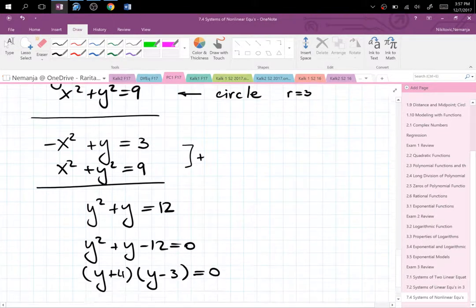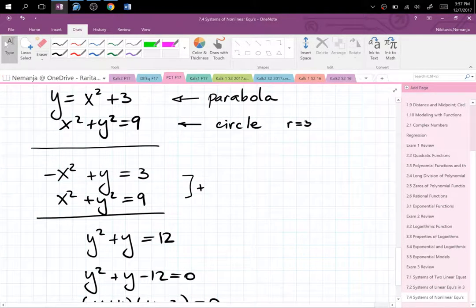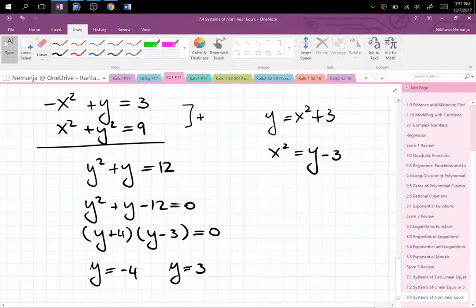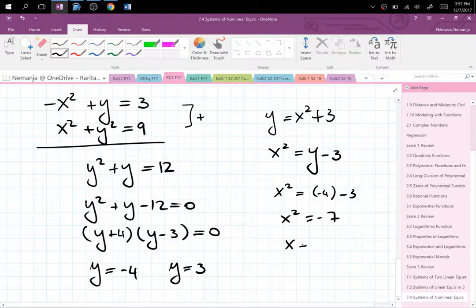So I have to plug this into any of the previous equations and work it out. So let's go with y equals x squared plus 3, from where x squared is equal to y minus 3. And now if your y is negative 4, x squared equals negative 4 minus 3. You get x squared is negative 7. X equals plus or minus the square root of negative 7. That's not real.